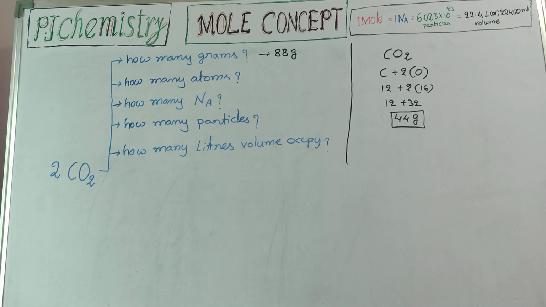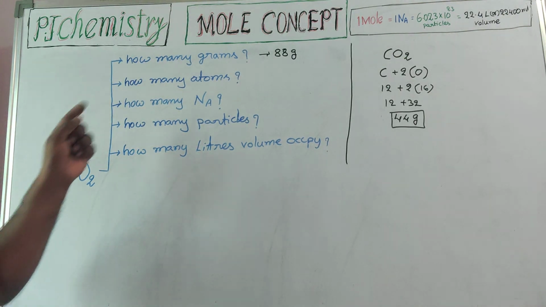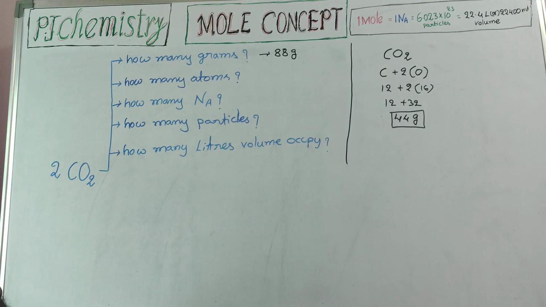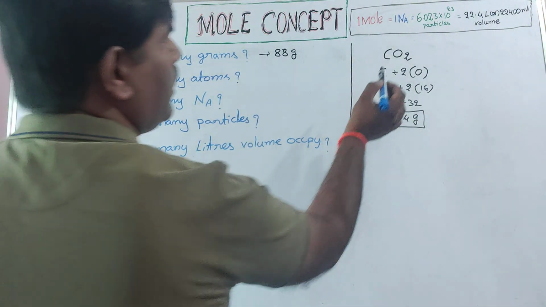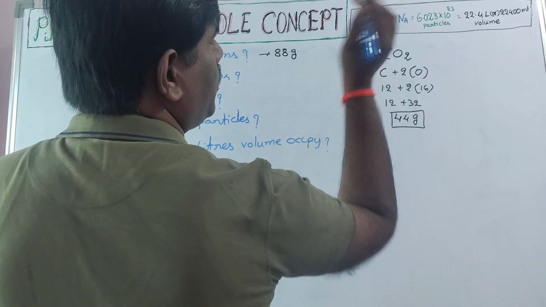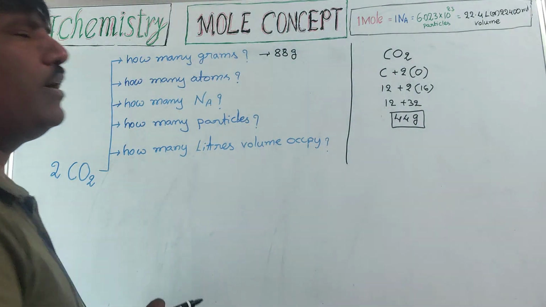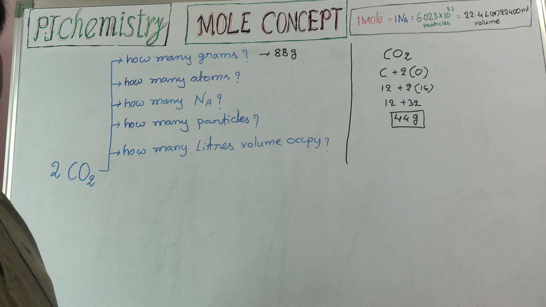Next question: how many atoms are present in it? 1 mole of CO2 contains 1 carbon and 2 oxygens, total 3 atoms, so 3 Avogadro number of atoms.